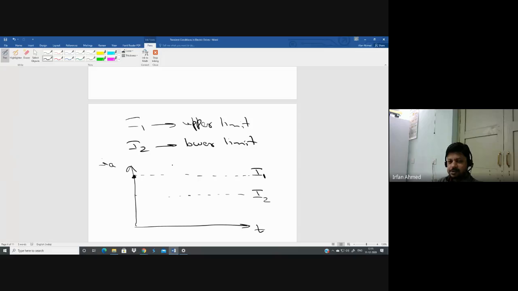Now, as the motor starts, its speed increases, its back EMF increases. So your armature current will go on decreasing. How will it decrease? We have just seen that it will decrease exponentially. Correct?